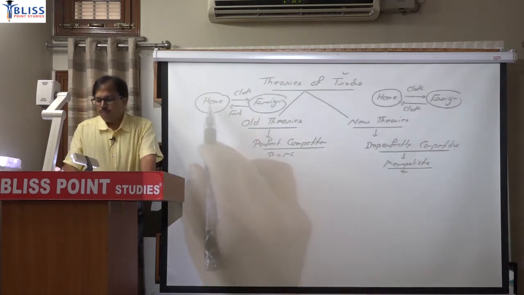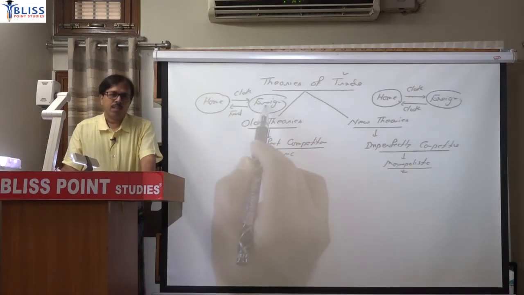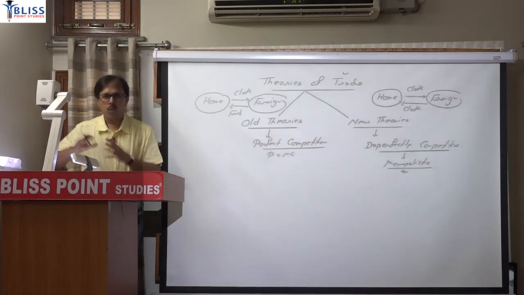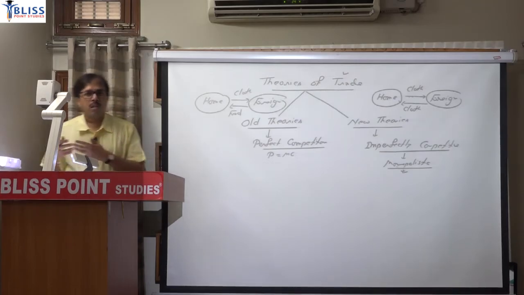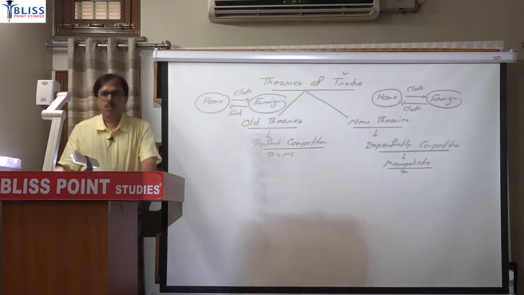So in that condition, the nature of that trade will be only inter-industry trade, and there are other differences as well. But the prime difference between old and new will be on the assumption. That means old theories assume that market is competitive, new theory assumes that market is not competitive. So based upon that difference in assumption, we have to explain the theories.